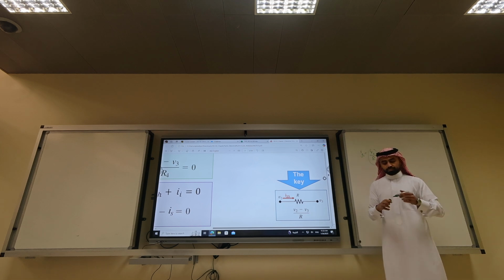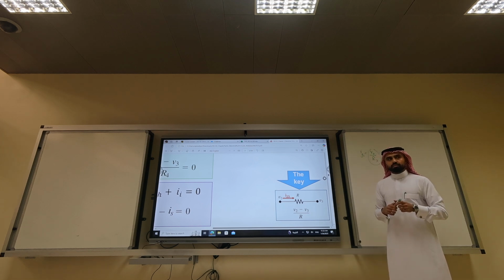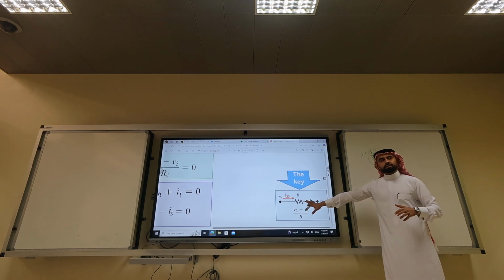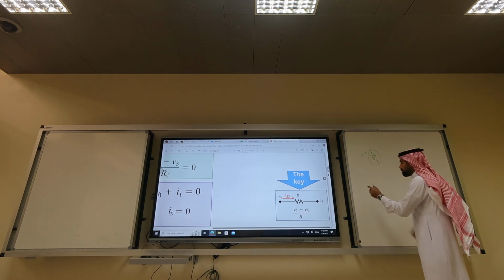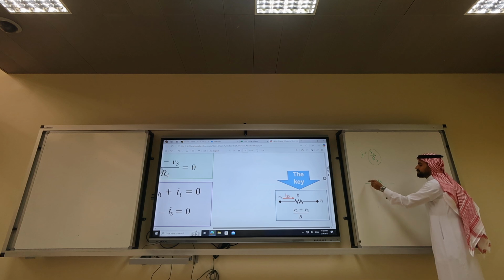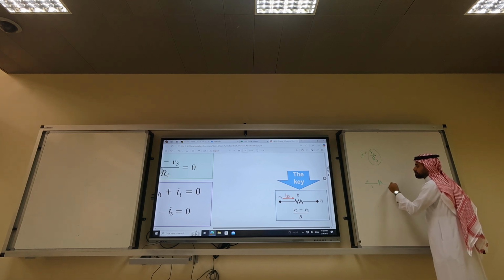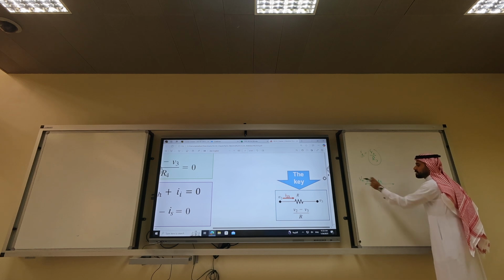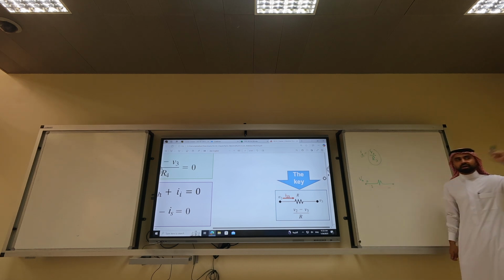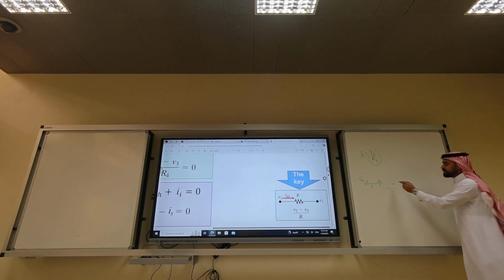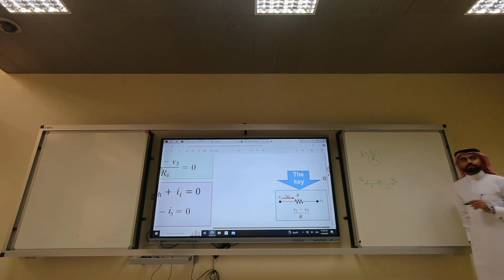Doctor, must it be between 2 nodes? This is for any element, for any resistor that has a point A and B. This node has a voltage VA, measured with respect to the reference, 0. This has a node VB.